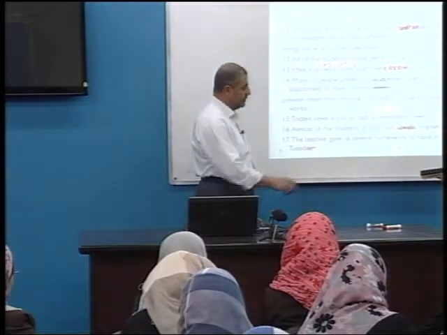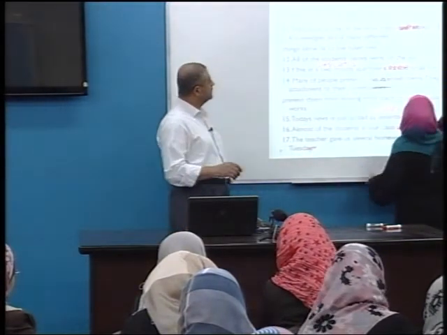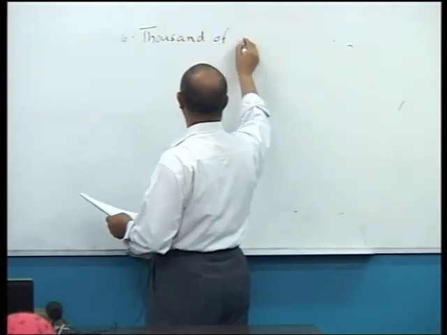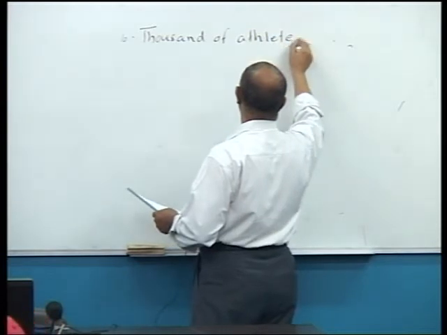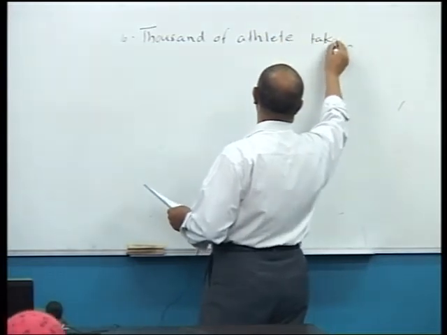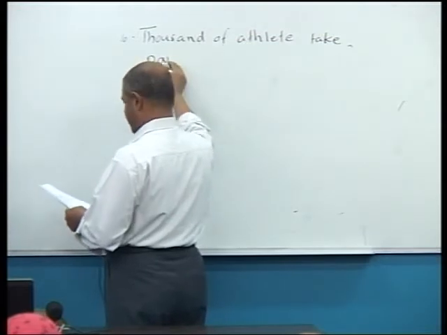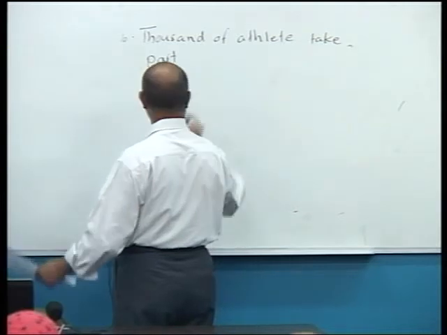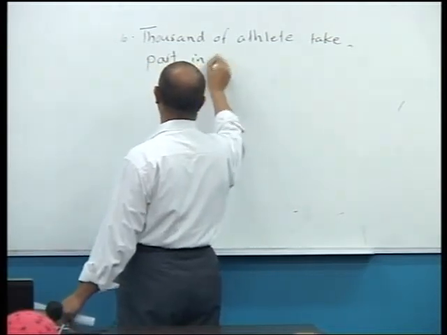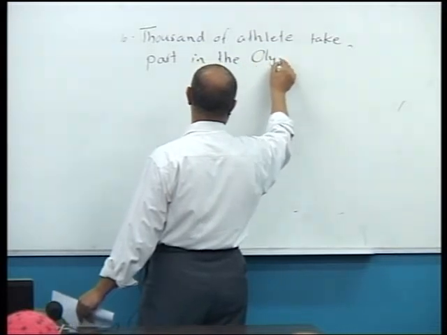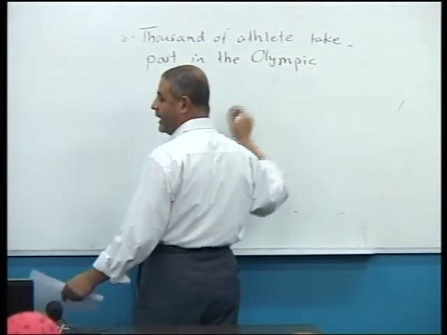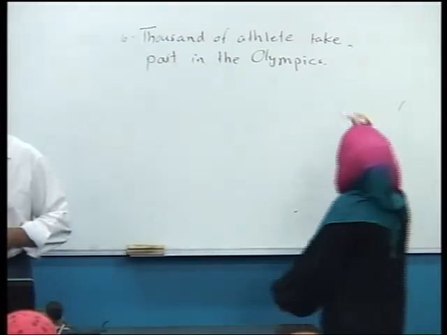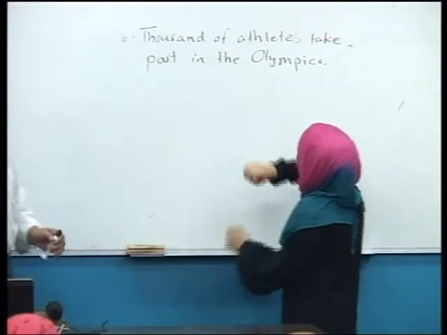Let me write it for you. Clean the board, please. 1,000 of athletes take part in the Olympics. With S or without S? With S. We must just add S. Thousands.